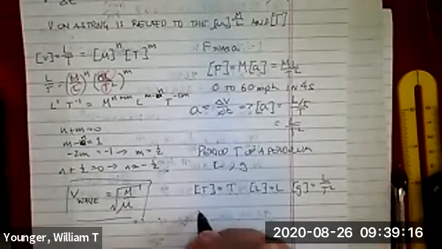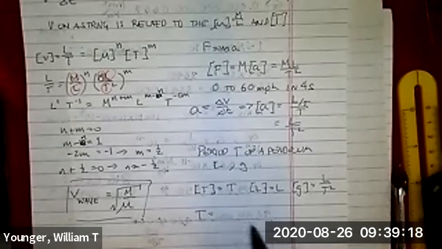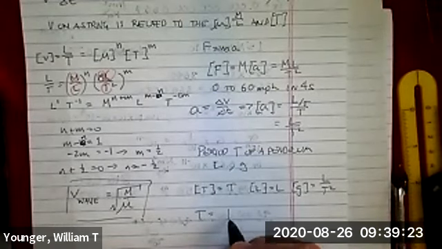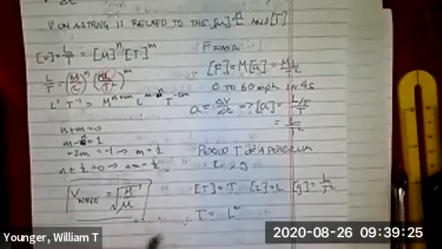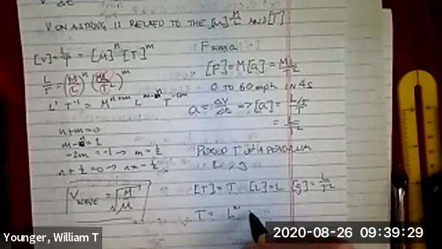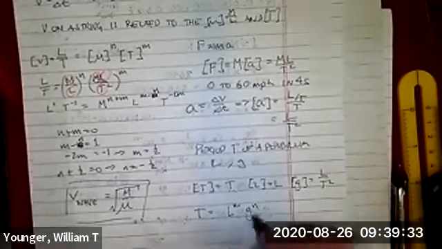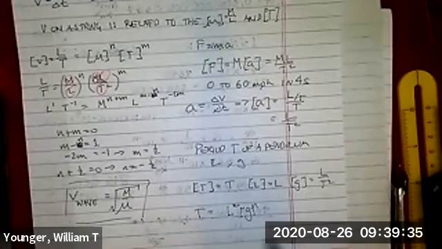So let's say T, the period of the pendulum, is equal to L to the m times g to the n. Of course, this is dimension g and dimension L.